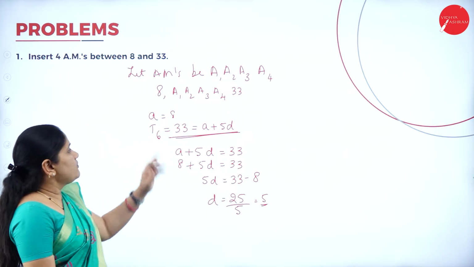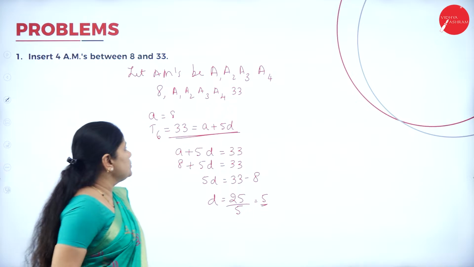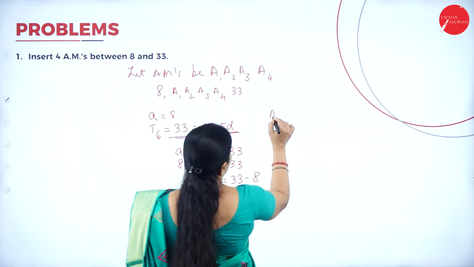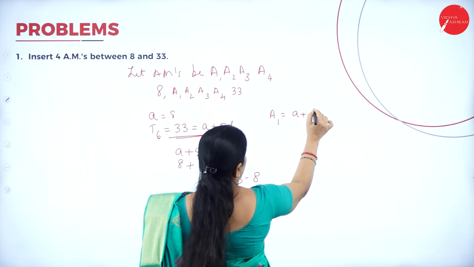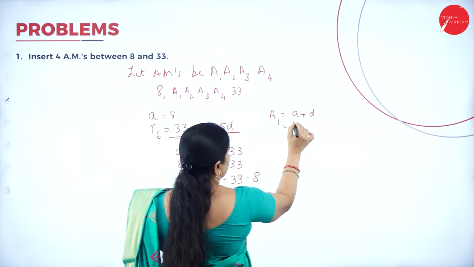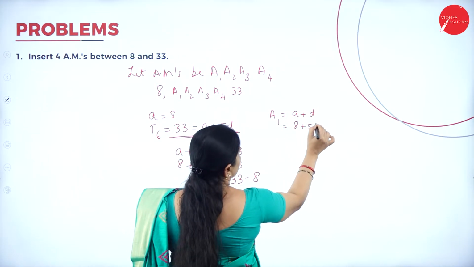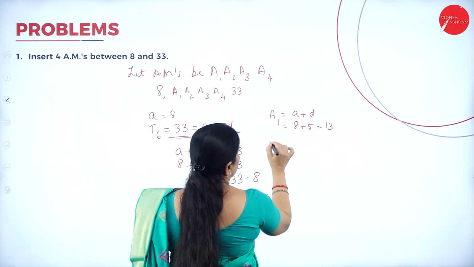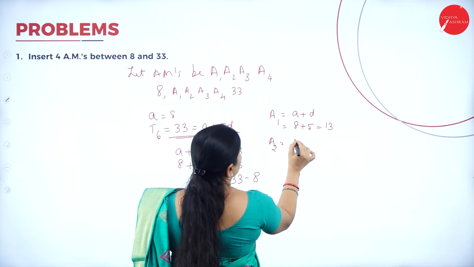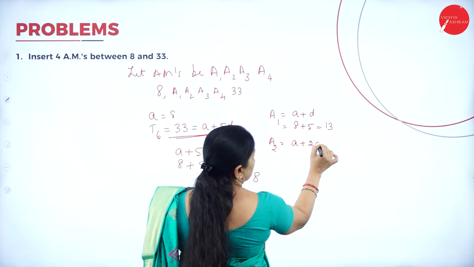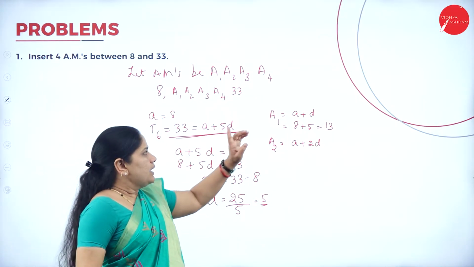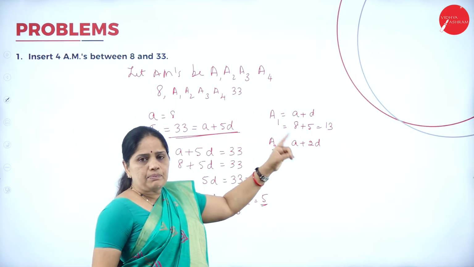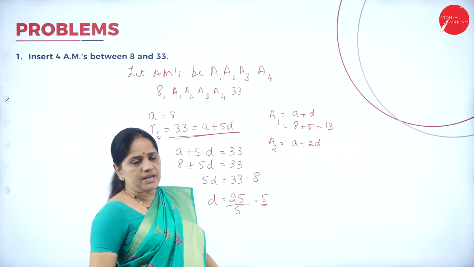Okay, now we have to find A1, A2, A3. A1 will be equal to A plus D, so this will be 8 plus 5, that is 13. Then A2 will be A plus 2D. We know the general form of the AP: A plus D, A plus 2D, A plus 3D, A plus 4D.